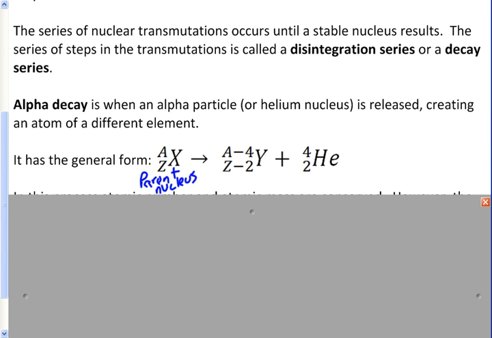This is called the daughter. Because we have helium here, this is an alpha particle. They're actually called parent and daughter. I'm telling you that because the textbook will talk about a parent nucleus, and it's not specifically stated in the notes, and I'm not just making this up.